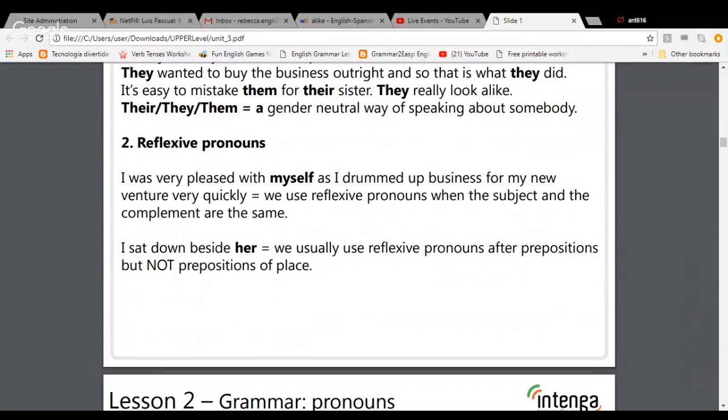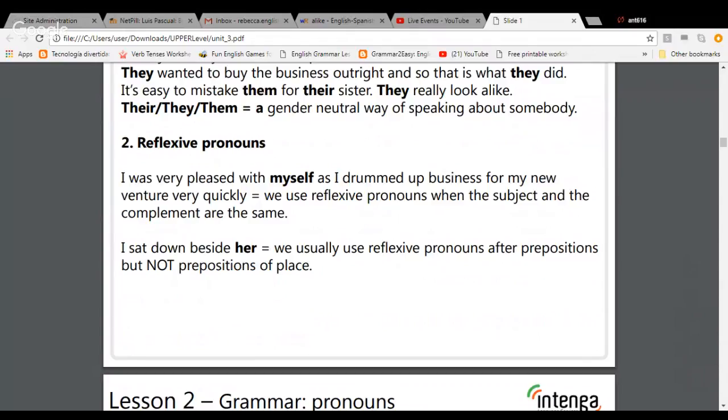Okay, good. Well, if you would like, why don't you go ahead and read these 2 examples that we have here on the page, okay? I was very pleased with myself as I dreamed up a business for a new venture very quickly. We use reflexive pronouns when the subject and the complement are the same. I sat down beside her.